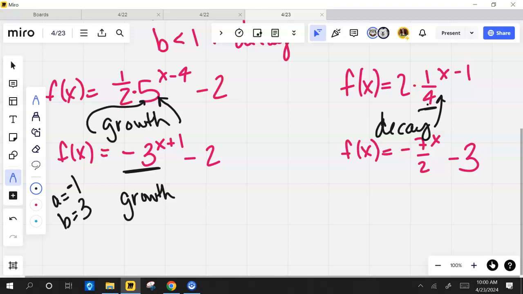How about the last one? Growth or decay? Why is it growth? The fraction itself is bigger than 1. 7 over 2 is 3.5. What's A in that last equation? -1. What's B? 7 over 2. See how we're doing that? Y'all are going to be fine.